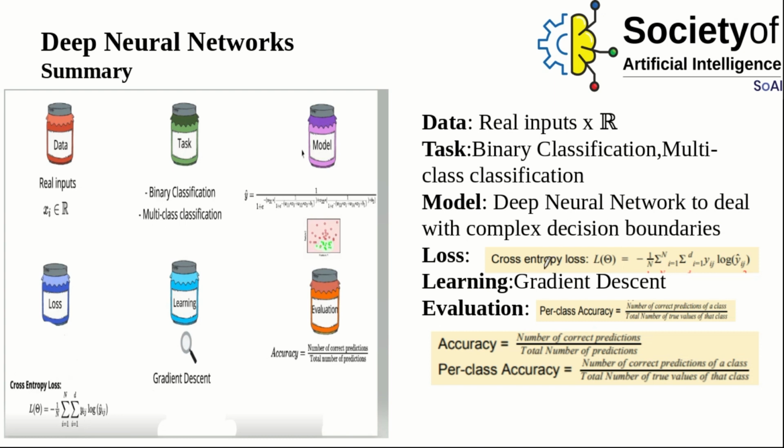The loss function was defined as cross entropy loss, which is defined by this function. The learning algorithm was gradient descent, in which we used backpropagation, and the evaluation criteria was defined by both accuracy and per class accuracy.